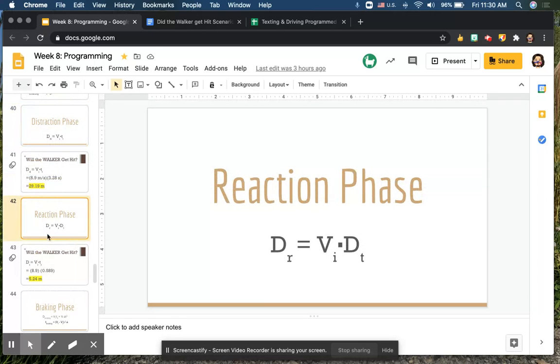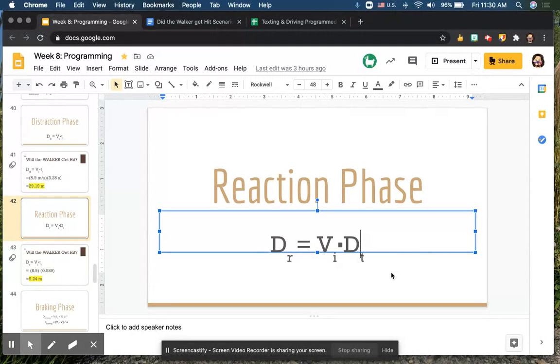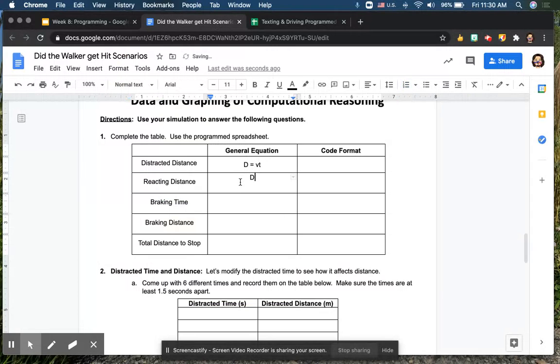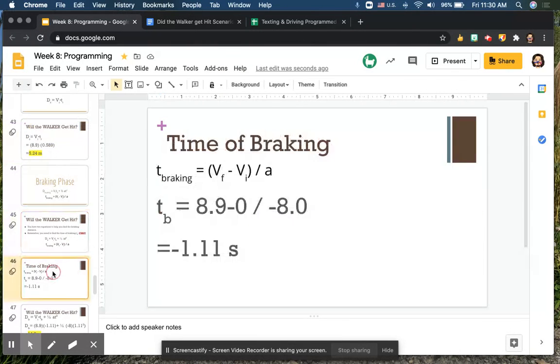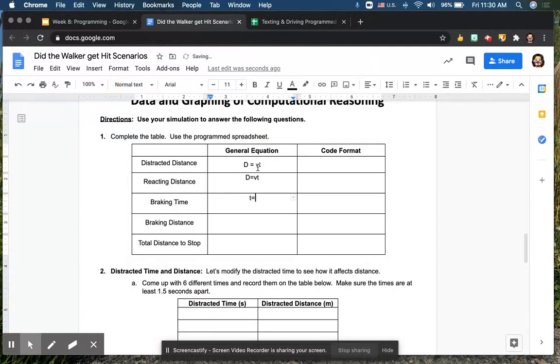My next one to find is reaction distance, not distraction, sorry, which is equal to velocity times, oops, that should actually be t. So I'm going to change that. So d equals vt is actually the same as the top. Time of braking, okay, right here. Time of braking is that.